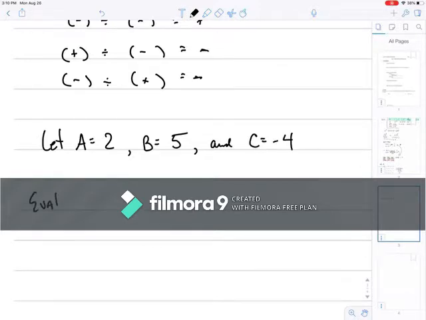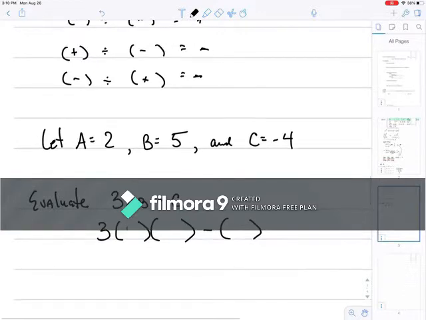If I ask you to evaluate 3ab minus c, using those numbers above, I'm literally going to take out the a, which is written right next to the 3, and the b, which is written next to the a, and the c, which is written after the minus sign, and instead of a, b, and c, I'm going to replace them with the numbers 2, 5, and -4, exactly like it told me to.